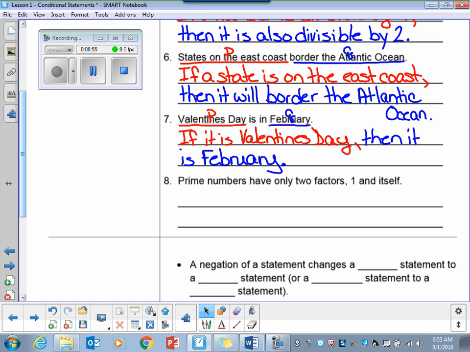Okay, prime numbers have only 2 factors, 1 and itself. Okay, so a prime number, that's like 2 because you can only get 2 by 2 times 1. 3 because that's only 3 times 1. 5 because that's only 5 times 1. So if a number is prime, then it only has 2 factors, 1 and itself.